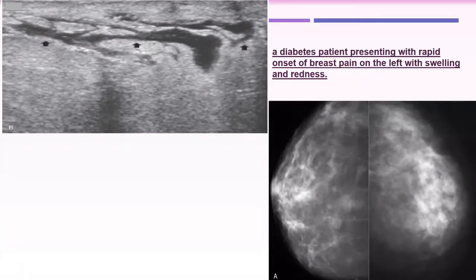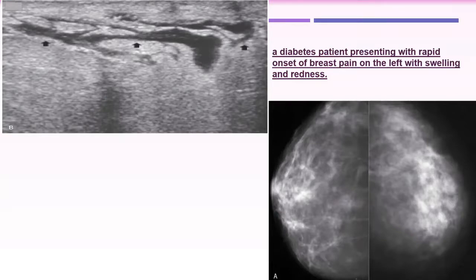And there are dilated ducts. Are these ducts or subcutaneous lymphatics? Yes, it is subcutaneous lymphatics, not within the breast glandular tissue, in the setting of this edema.